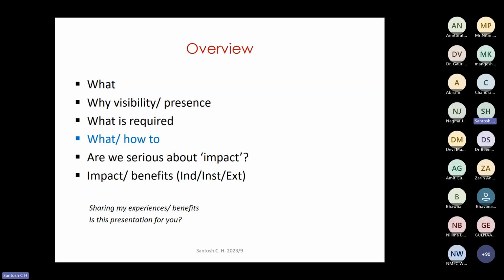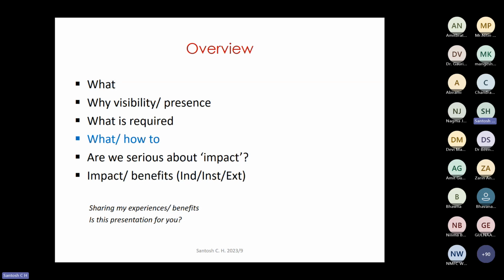Both offline and online, but in this case, I'm going to share some platforms which are really helpful for you to reach as fast as possible. What should we do to have a very sound and positive visibility of my own research work, my own personality as an individual, and which should also help the institute where I'm working?